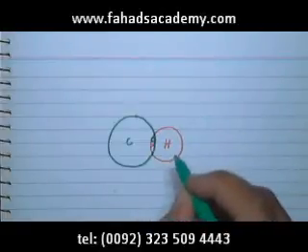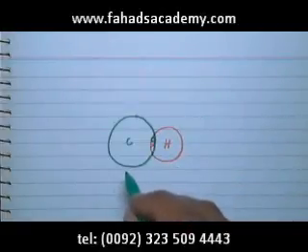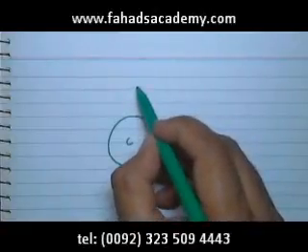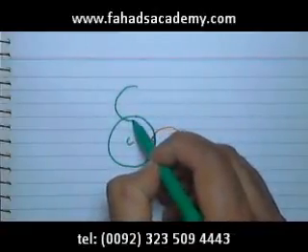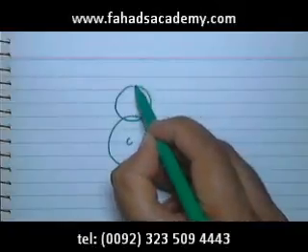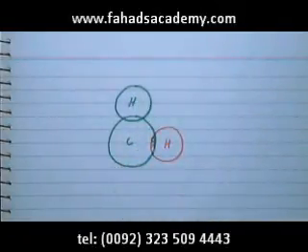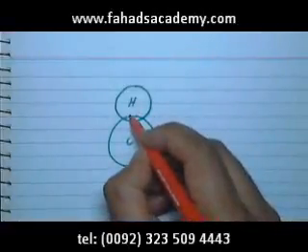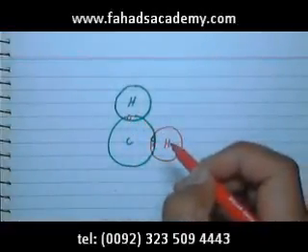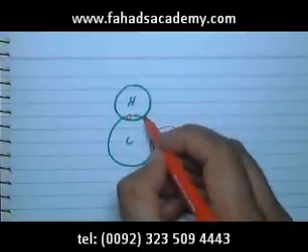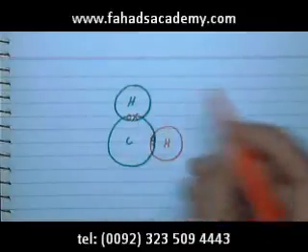So hydrogen has shared its one electron, but carbon still needs to share three more electrons. So there would be another hydrogen, and that hydrogen would share one electron with that carbon, and that carbon would share one electron with that hydrogen.